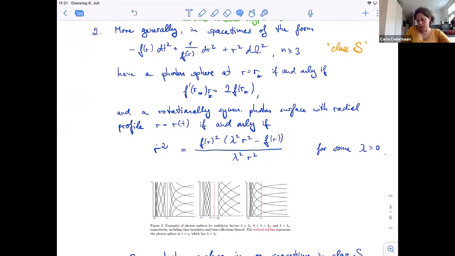So the picture in a generic space-time of this class S looks exactly the same, so I'm not going to discuss it again, in case there is exactly one solution of this photon sphere ODE here, and I'll say more about this. So we find the exact picture in particular in higher dimensional Schwarzschild-Tangherlini starting in 4 space-time dimensions.